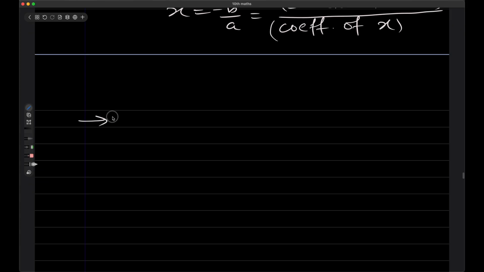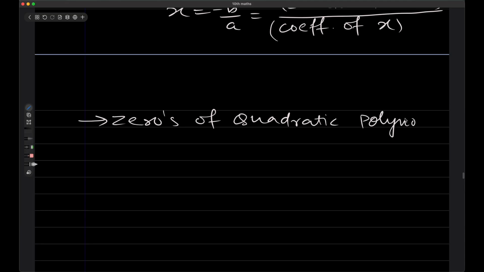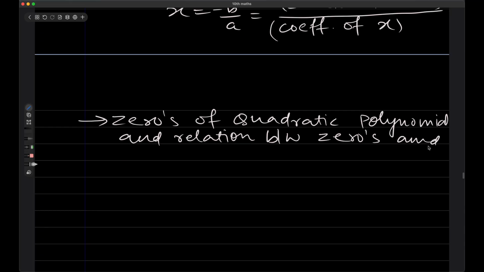Today we will learn zeros of quadratic polynomial and the relationship between zeros and coefficients of quadratic polynomial.